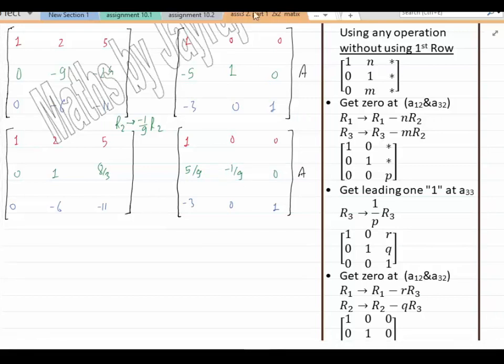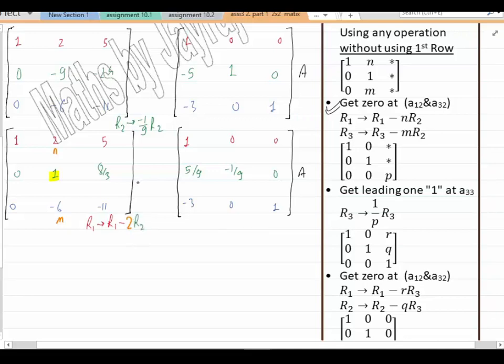So we get the leading one as well as the values of N and M, which will be helpful in the next step to get 0 at A12 and A32. Okay, so the first process will be R1 gives R1 minus N, or we can say 2R2.